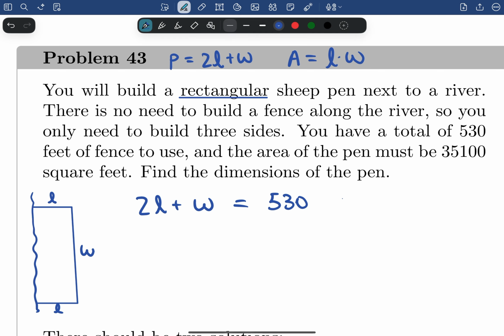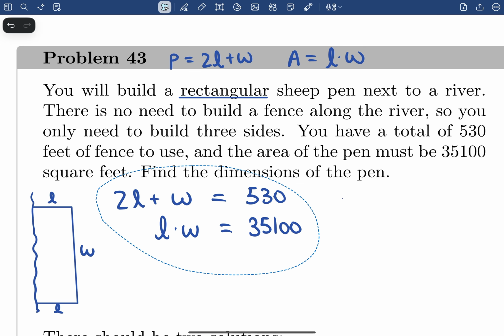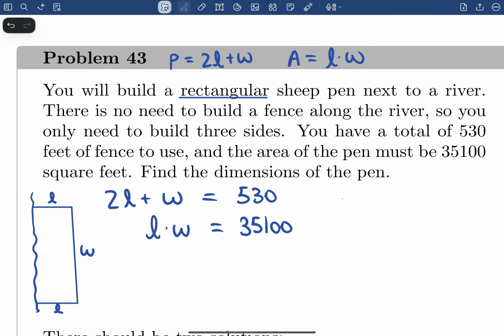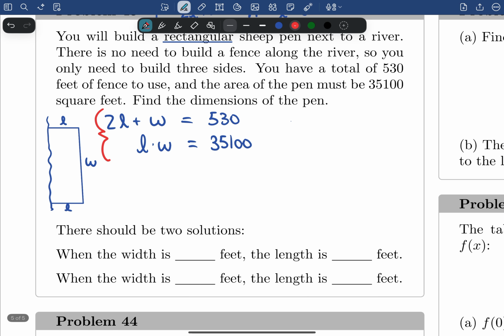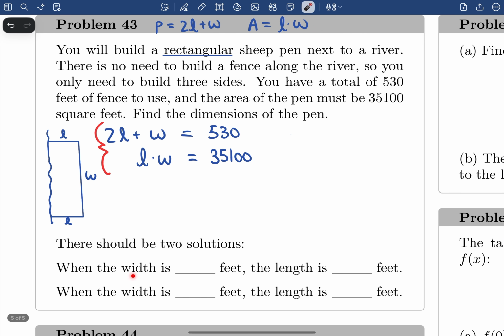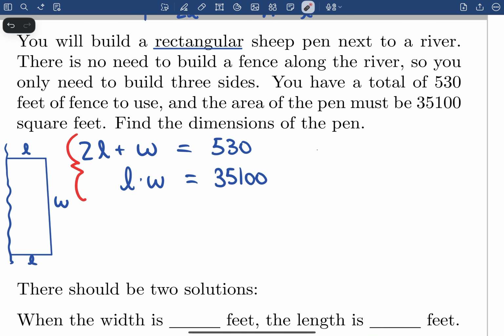So I know the length times the width is equal to 35,100. Now, what we've just done together is we've created a system of equations. If we solve the system of equations, then we will know what the width and the length will be for this certain scenario.